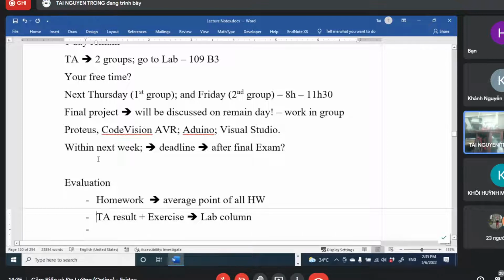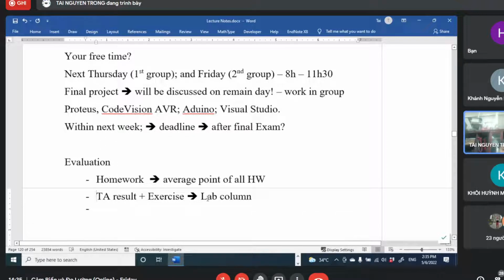In this case, please note which lab column if you are absent, and there may be upside points, and then it cannot take a sum for all of your points in our class. And next one is the final project, and next one is the final exam.